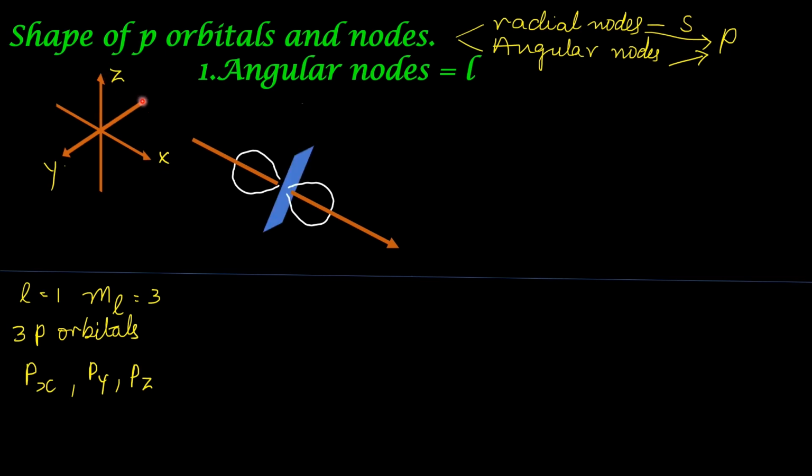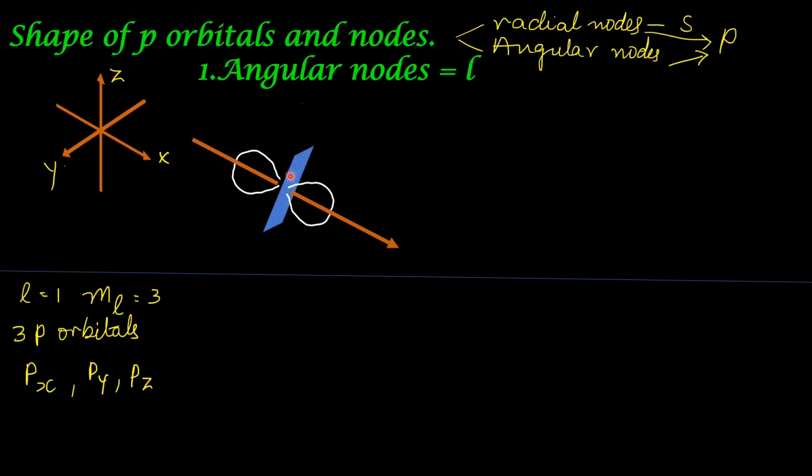Along the zy plane, there is no probability of finding the electron. This region is what you call an angular node. The number of angular nodes for the orbital is equal to l, that is, the corresponding azimuthal quantum number. For p, it is equal to 1, so there is one angular node.